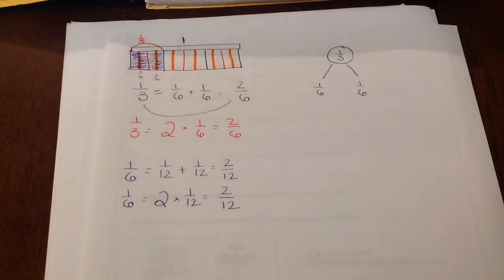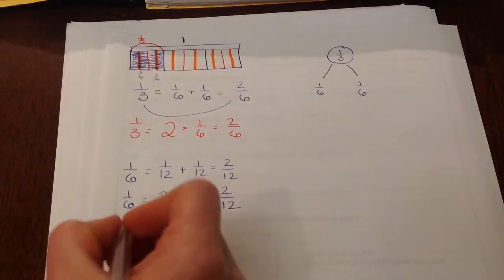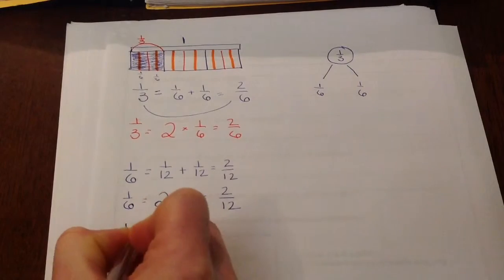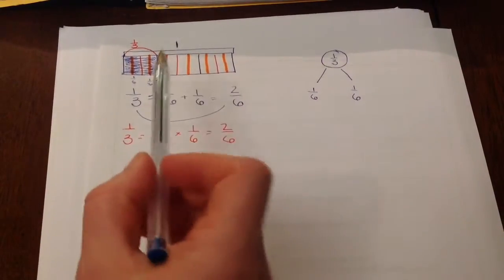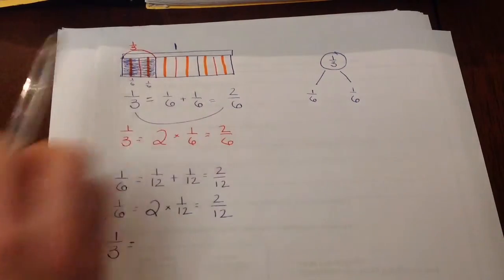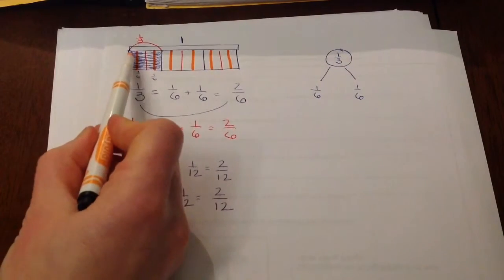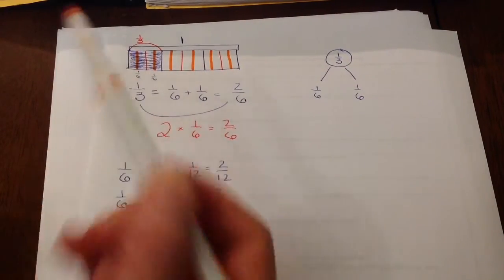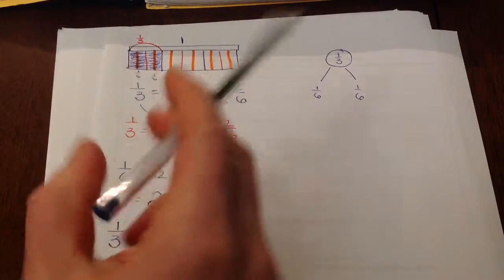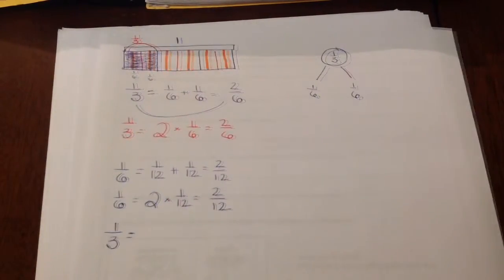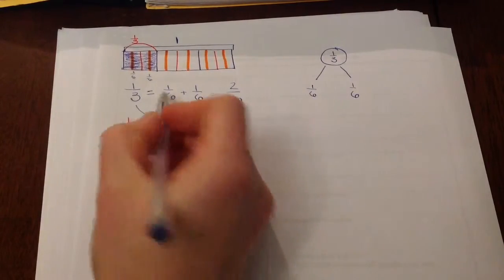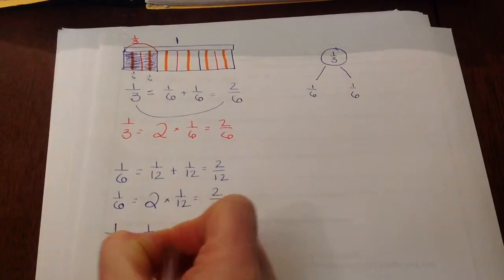Now here's what we're going to do. We're going to start from 1/3 and figure out how many twelfths it takes to make up a third. So let's look at my twelfths. Here's my whole third. And this piece right here is 1/12. So how many twelfths do we see in there? So 1/3 we knew was 1/6 plus 1/6.